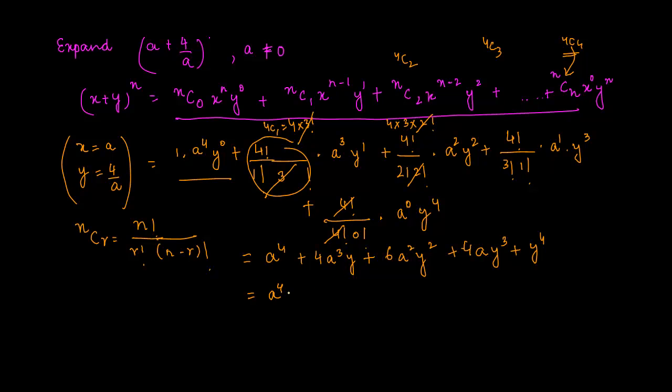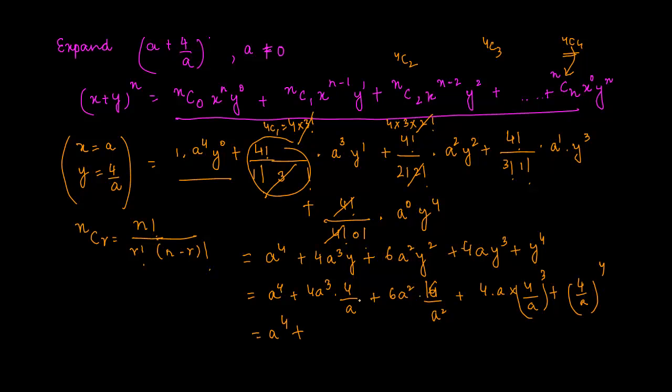So we get a to the power 4, plus 4a cube into 4 upon a, plus 6a square into (4 upon a) whole square, which is 16 upon a square, plus 4 into a into 4 upon a cube, plus 4 upon a to the power 4.